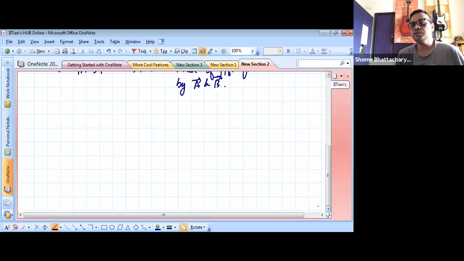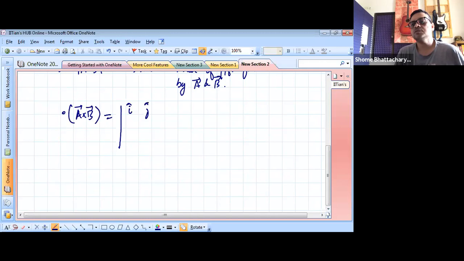Then we also went on to see how to calculate A cross B in component form. If A and B are given in component form, we represent the vector A cross B by this three-dimensional matrix determinant.